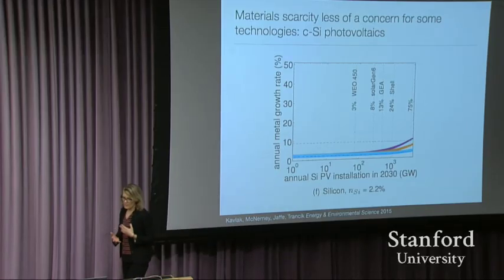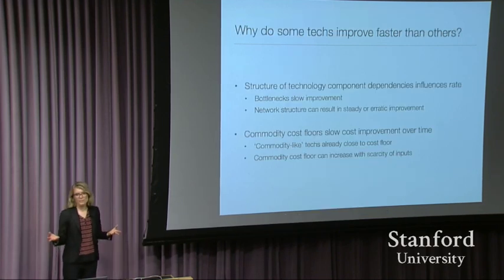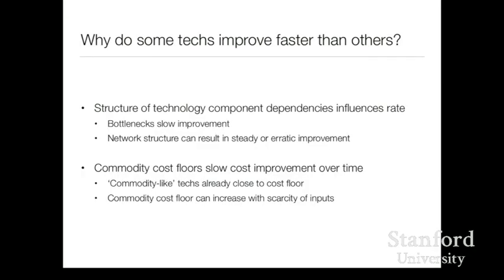So these are some ways in which we can understand why some technologies may improve more quickly than others. To summarize, the structure of a technology in terms of its component dependencies can influence that rate of improvement. Bottlenecks or very connected networks of components can slow the rate of improvement, and the network structure can result in steady or erratic improvement.